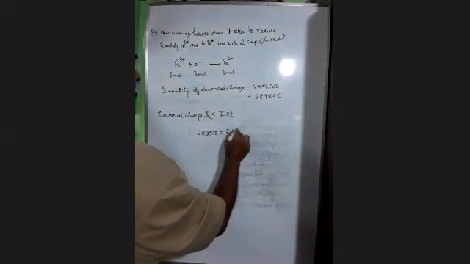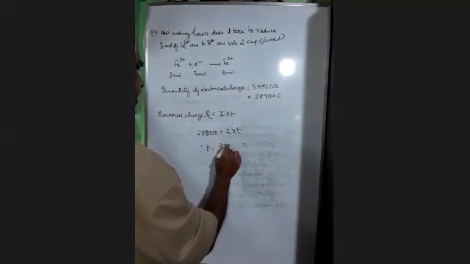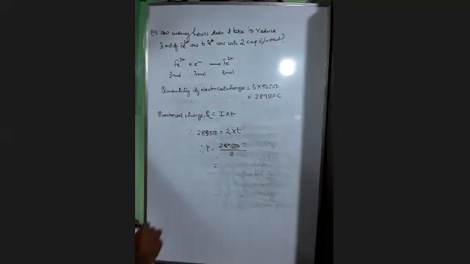Sorry. So 289,500 equals 2 into T. Therefore T is equal to 289,500 divided by 2. Find out.